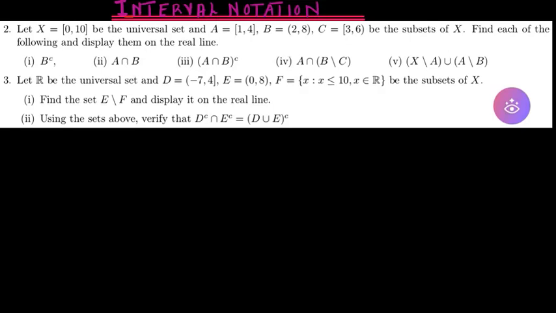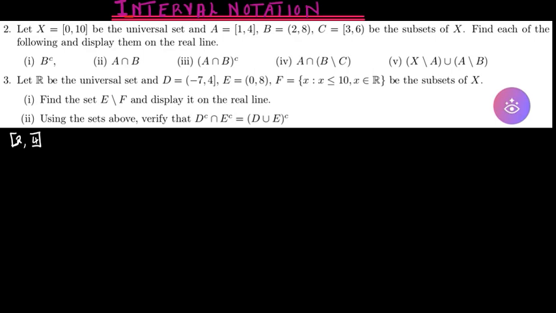There are certain brackets that will be given to you. If you see brackets like this one, then they put a 2, comma, then they put, let's say, a 4.